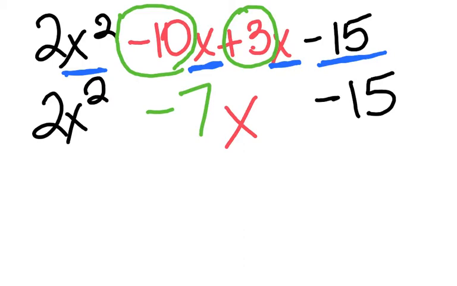So all of that multiplication, all those steps, ends up being 2x squared minus 7x minus 15 is the answer. Now I know that seems like a lot, but there's another way that we can do it that lets you work on your calculator accommodation.